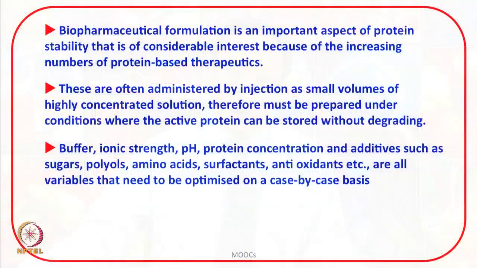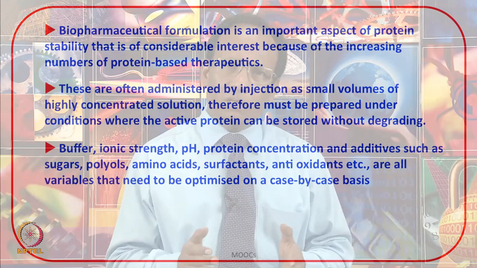Buffer, ionic strength, pH, protein concentration and additives such as sugars, polyols, amino acids, surfactants, antioxidants, etc. are all variables that need to be optimized on a case by case basis. As we just discussed, alcohols in general will lead to decrease in the thermal stability of the protein.